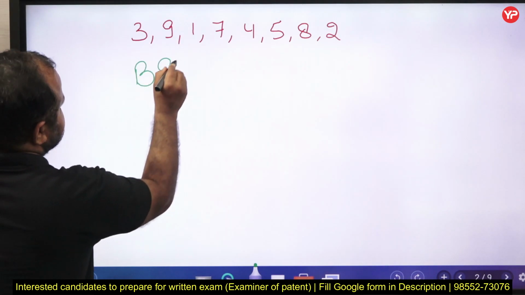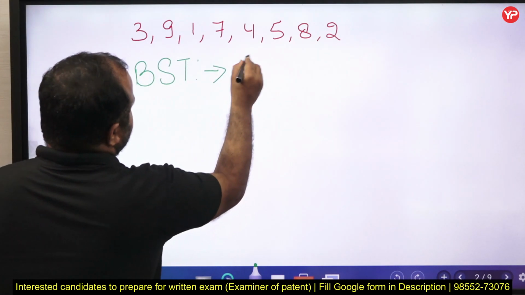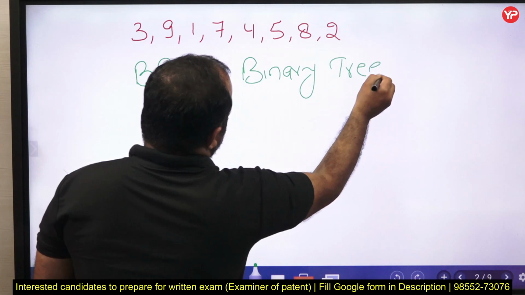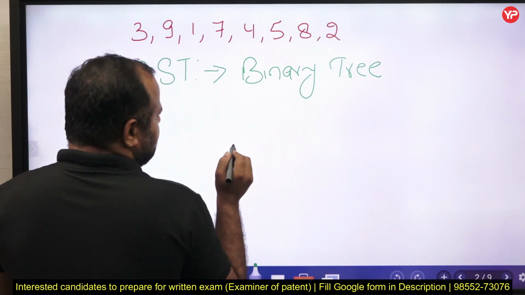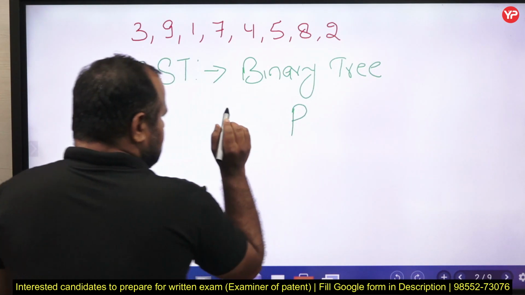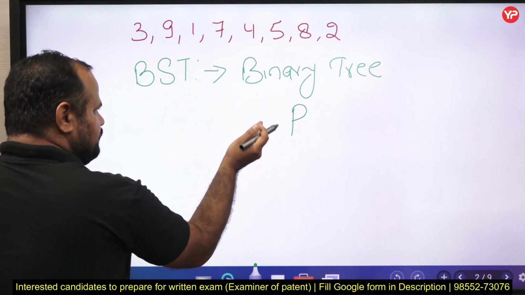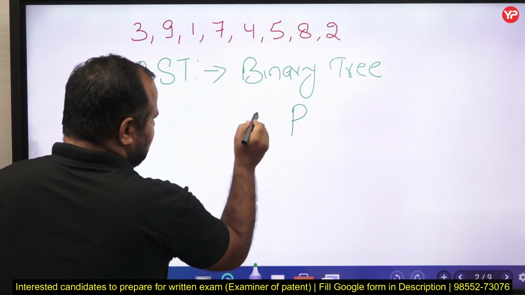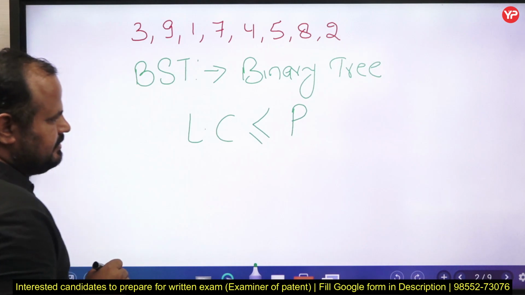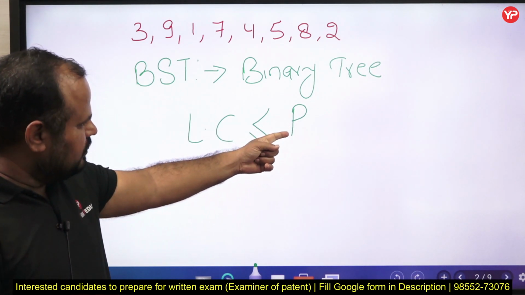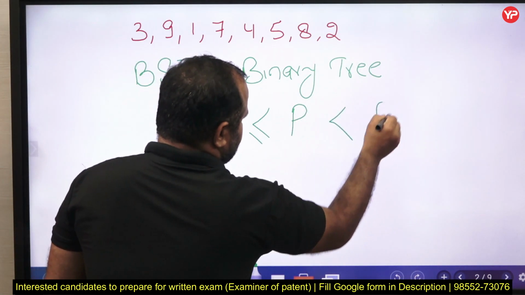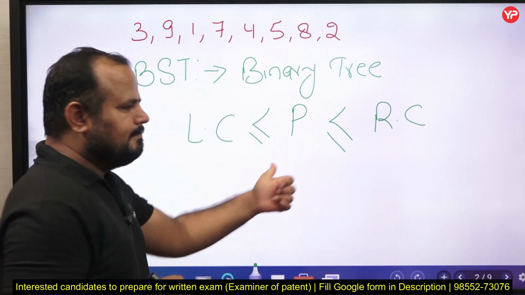A binary search tree is first of all a binary tree in which, if X is the parent node, the left child is smaller than or equal to the parent, and the right child is greater than or equal to the parent.